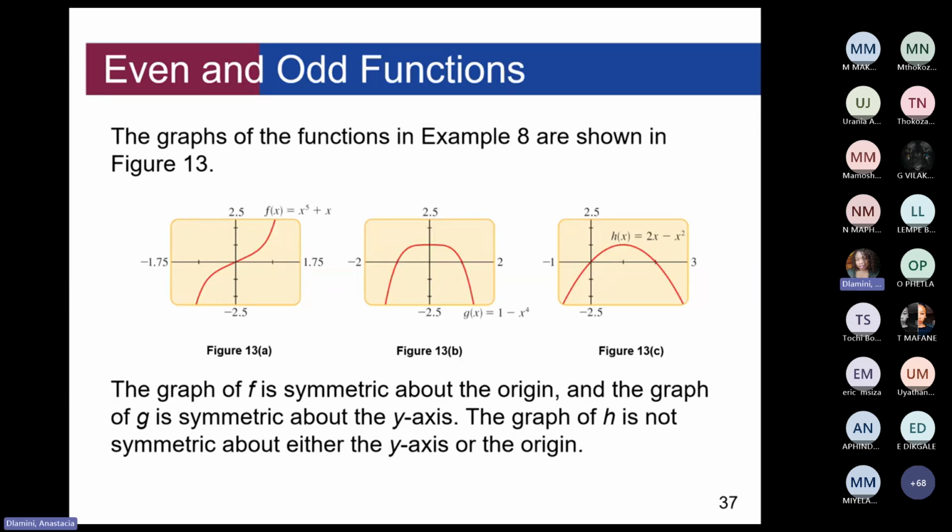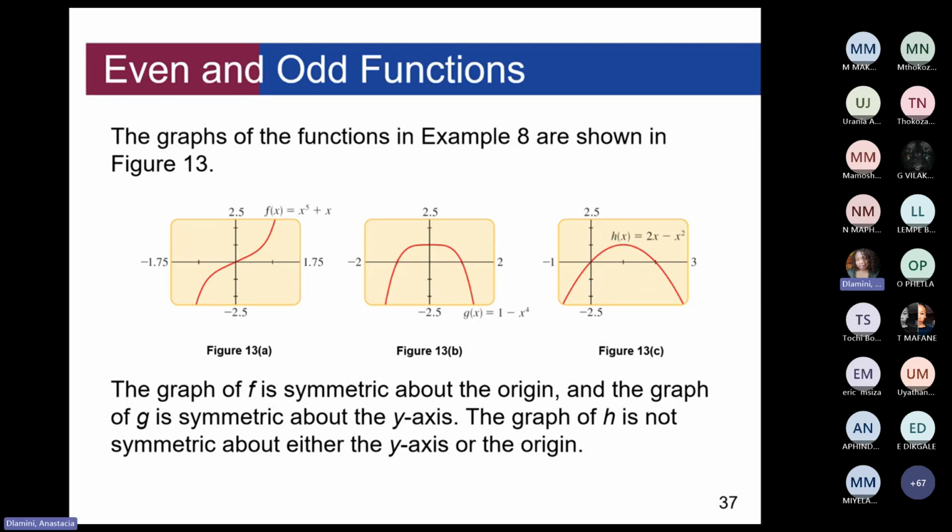But it's written: the graph of f is symmetric about the origin, and the graph of g is symmetric about the y-axis. The graph of h is not symmetric about either the y-axis or the origin. I'm asking a question that is written here. My apologies.